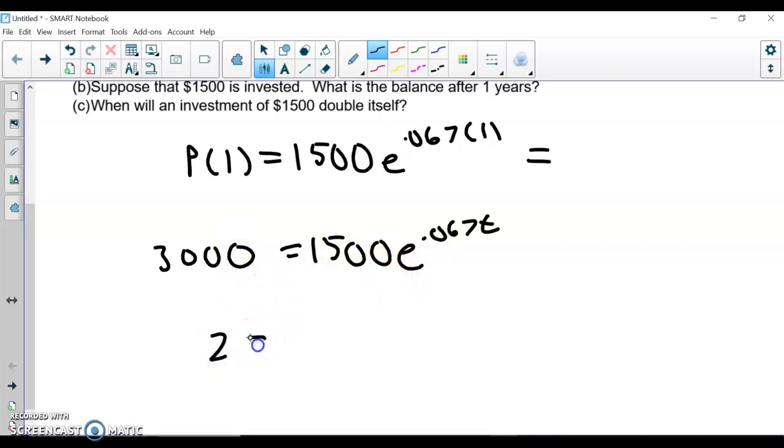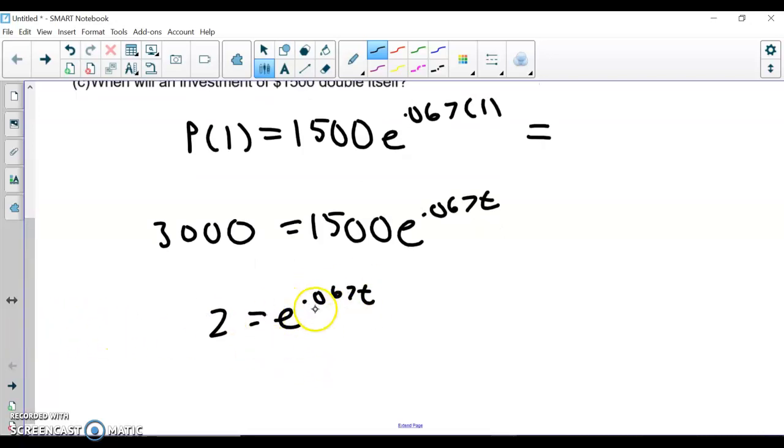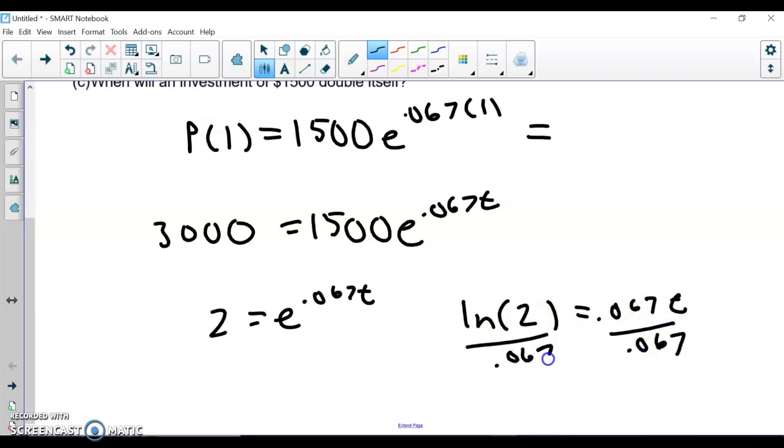Both sides divide by 1,500. And then we get this piece here. And then you write this as a logarithm. So we've got the natural log of, remember, the logarithm is always equal to the exponent, and this is the answer to the exponential statement. It goes in as the argument for the log. So at this point, you would just divide by that 0.067, and that would be the answer for that problem.